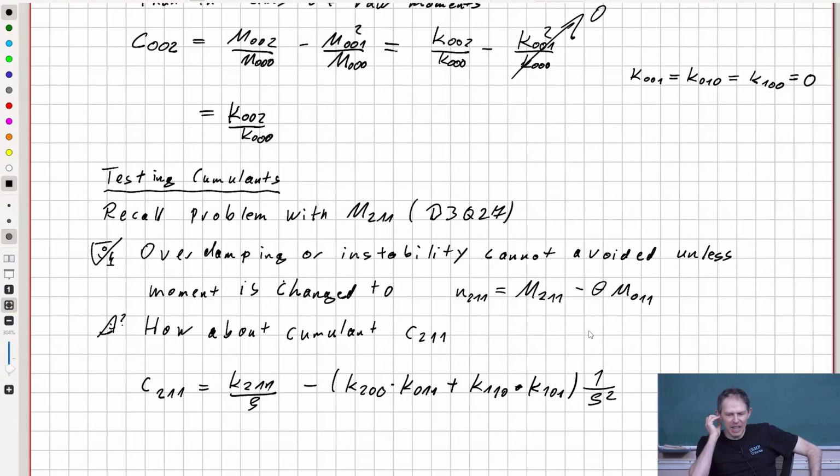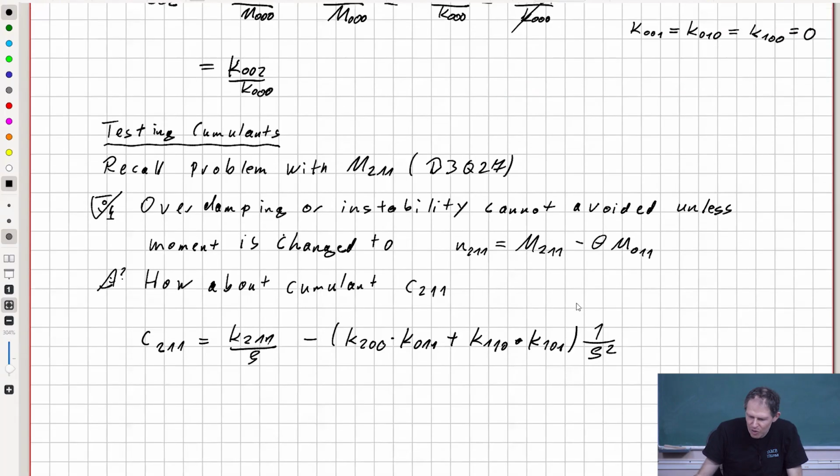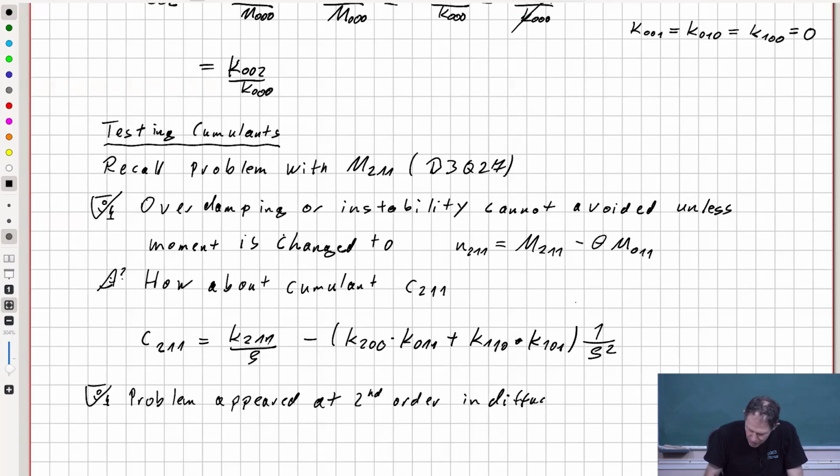So now this is evidently more complicated than this. But let's see whether we can reduce it using the following fact, namely that we only had to look at this at a particular order. So the problem appeared at second order in diffusive scaling. Okay, coming back to our nomenclature from the asymptotic analysis.